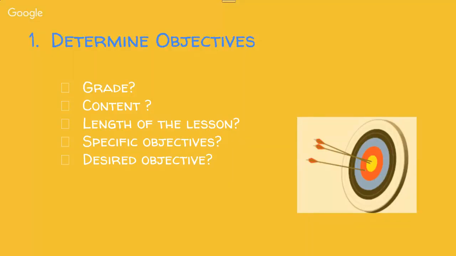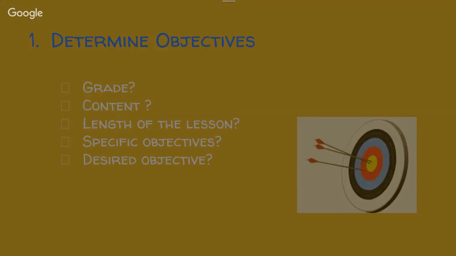So when you determine your objectives, you have to take into account all the different parameters of your class. What is the grade? What is the content? What is the length of the lesson? Do you want to use it for just one single day, or maybe a full week, or maybe a full unit? What are the specific objectives and desired outcomes you have?